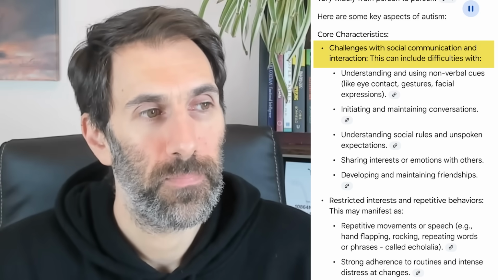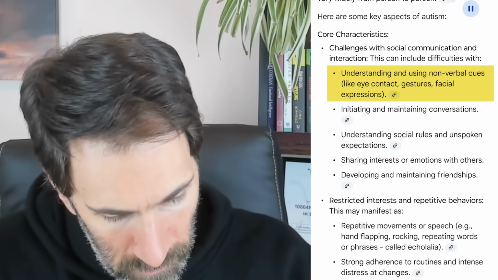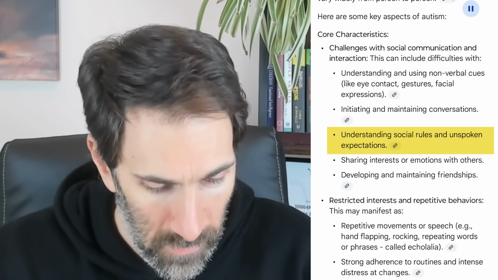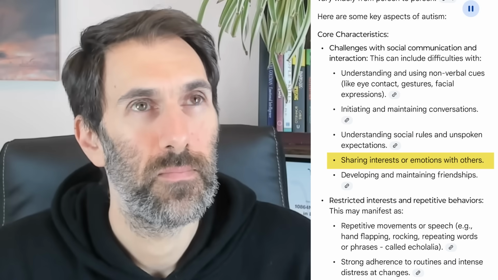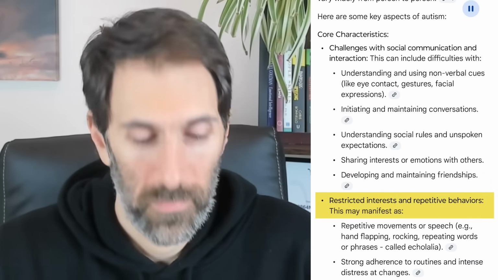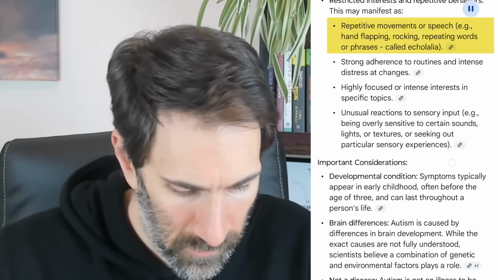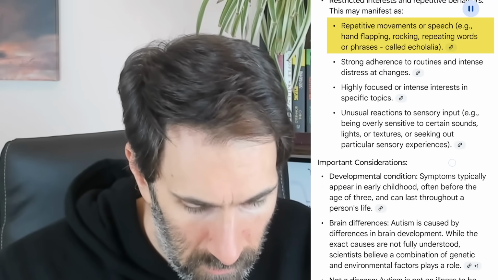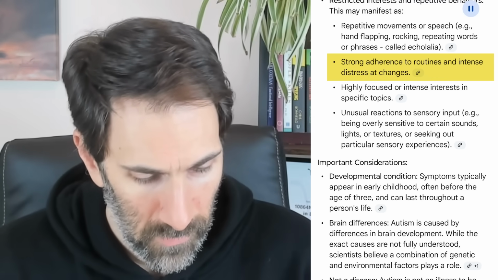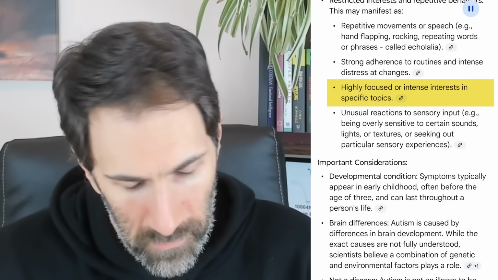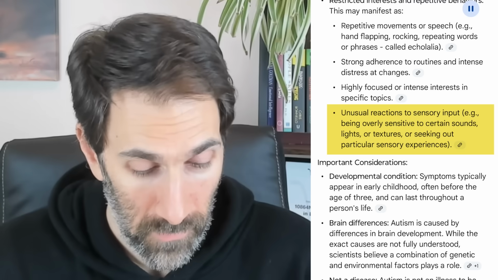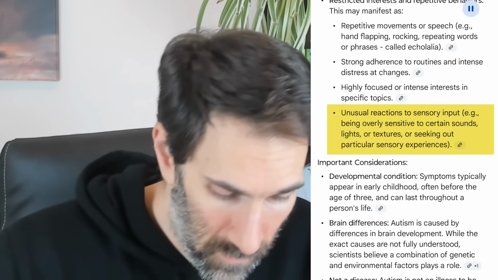This can include difficulties with understanding and using nonverbal cues, like eye contact, gestures, facial expressions, initiating and maintaining conversations, understanding social rules and unspoken expectations, sharing interests or emotions with others, developing and maintaining friendships, restricted interests and repetitive behaviors. This may manifest as repetitive movements or speech, e.g., hand flapping, rocking, repeating words or phrases, called echolalia, strong adherence to routines, and intense distress at changes, highly focused or intense interests in specific topics, unusual reactions to sensory input, e.g., being overly sensitive to certain sounds, lights, or textures, or seeking out particular sensory experiences.